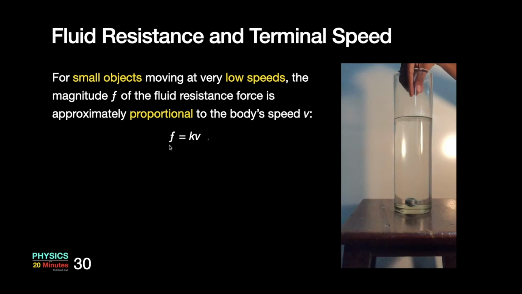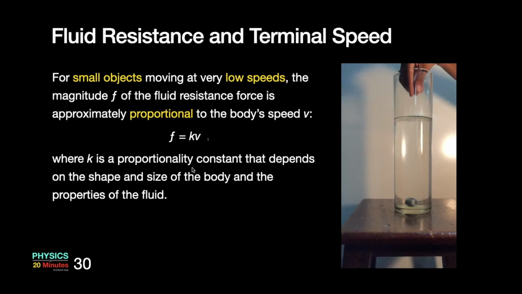The resistance force from the fluid is proportional to the first power of the velocity. k is a proportionality constant that depends on the shape and size of the body and the properties of the fluid. If you take directions into account, then F is normally written as minus kv. So what it indicates is the force due to fluid is opposite; the minus sign shows opposite to the direction of velocity. Remember, that's how it is written in the equations.